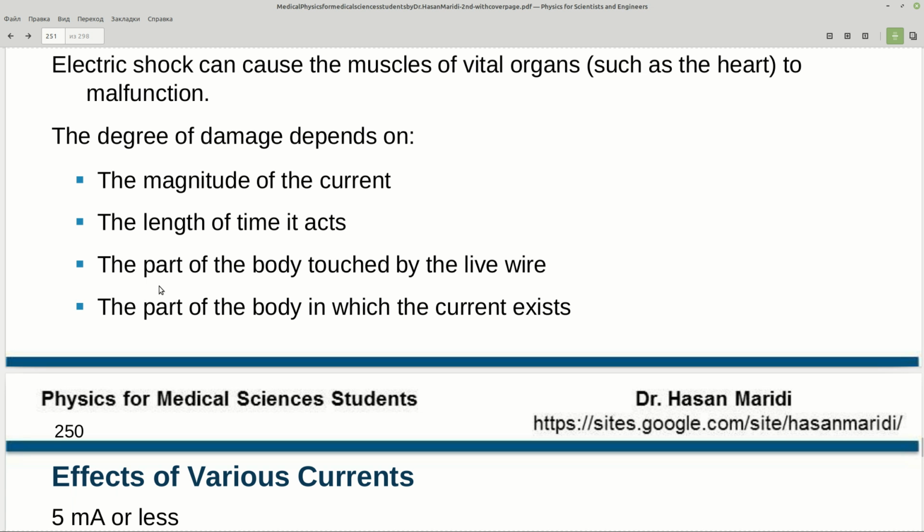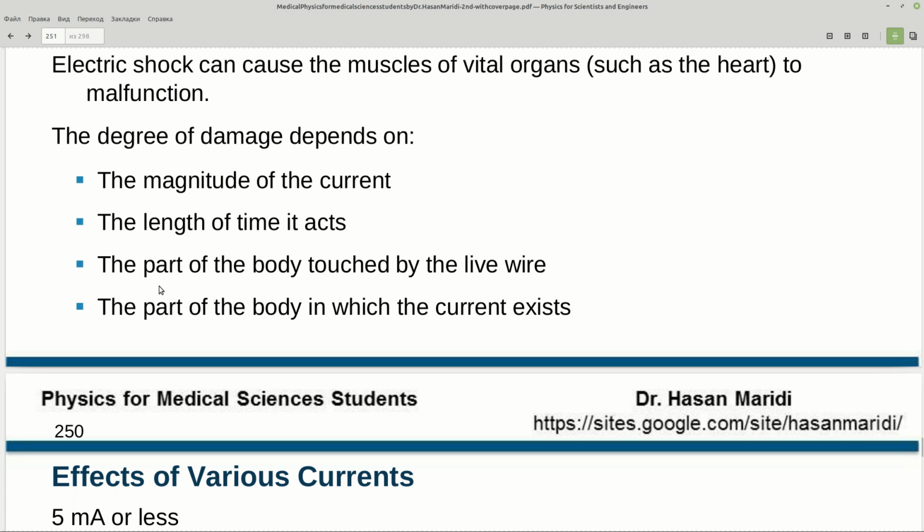Above 10 milliampere, the muscles contract so that you cannot let go of a live wire. If you have 10 milliampere passing through the body, it can be fatal. So some amperes is a fatal amount of current.